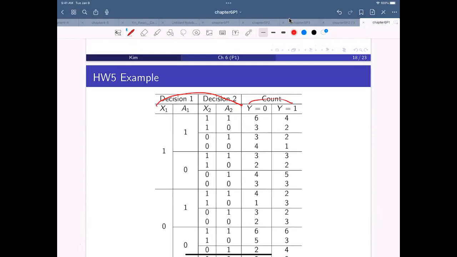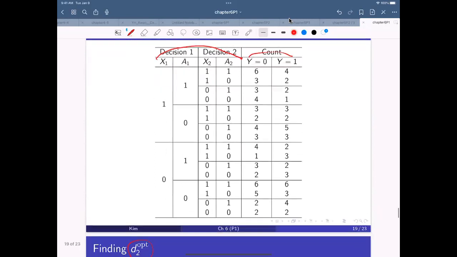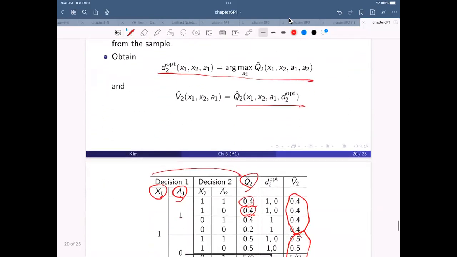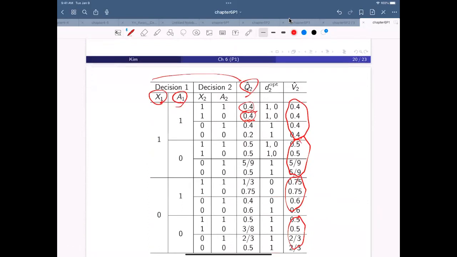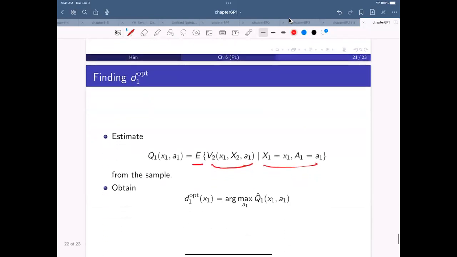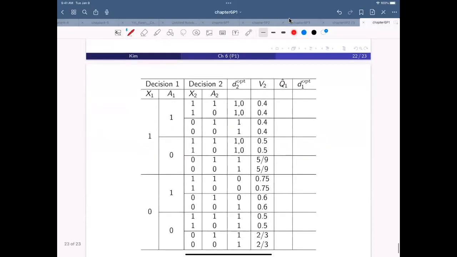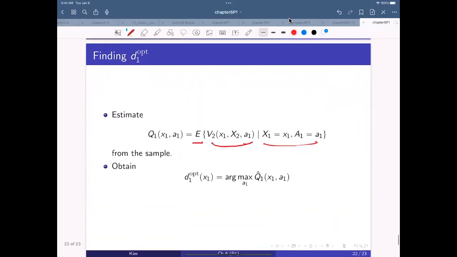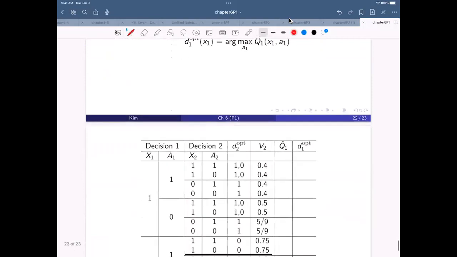You can compute the probability of x2 equal to 1 given x1 and a1, and use that to compute the weights in applying the weighted average. And that will give you basically Q1.